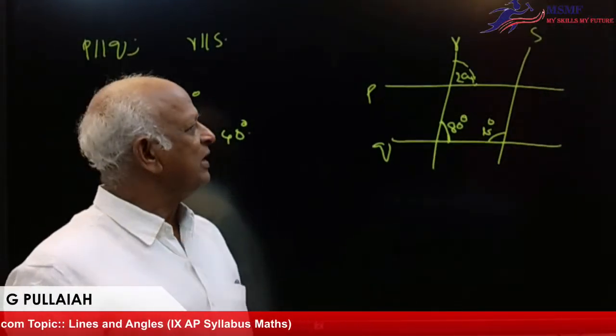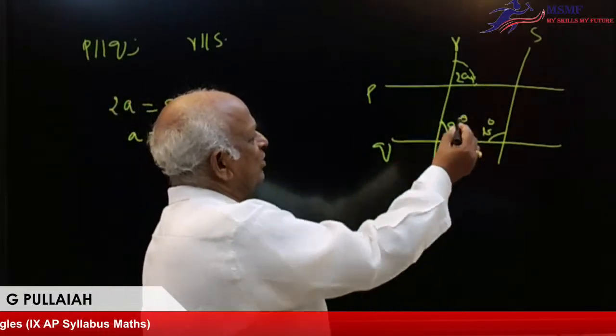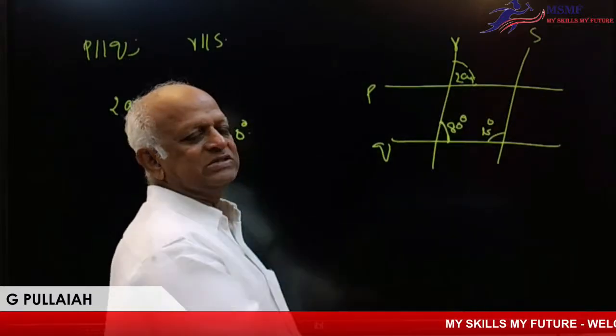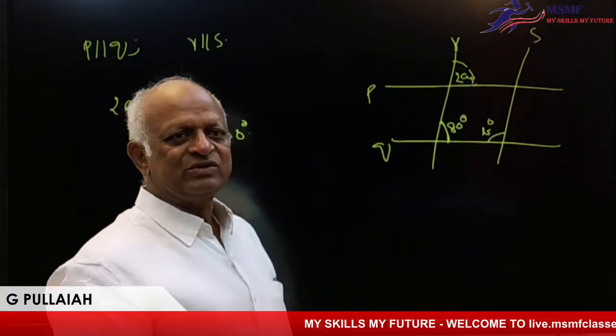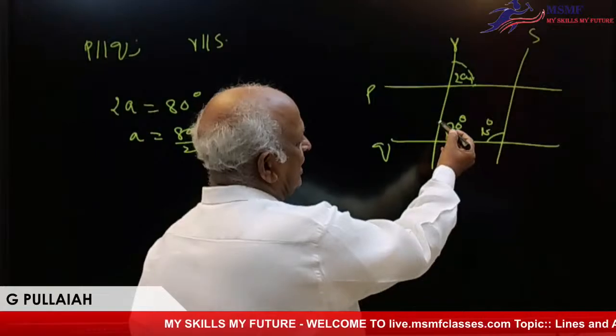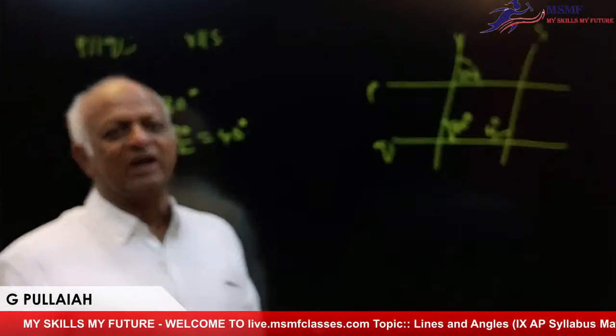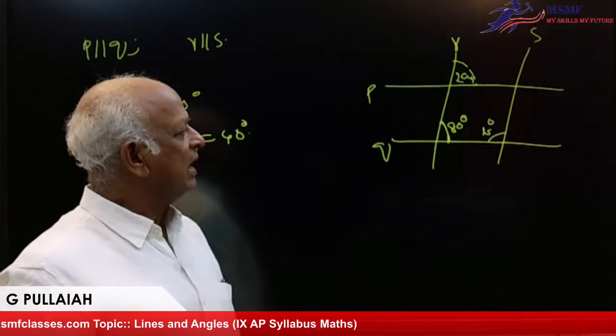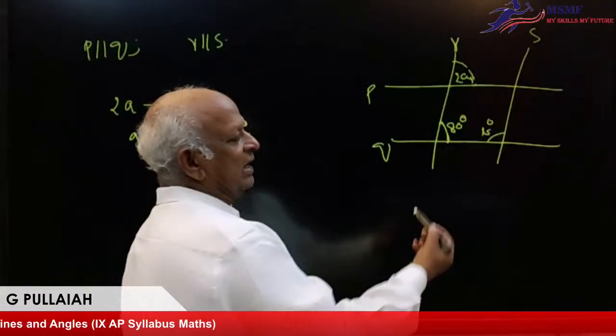Observe very carefully. Here P is parallel to Q and R is parallel to S. In such a case, we can say this angle 80 degrees and B are supplementary angles. 80 degrees and B are the co-interior angles.